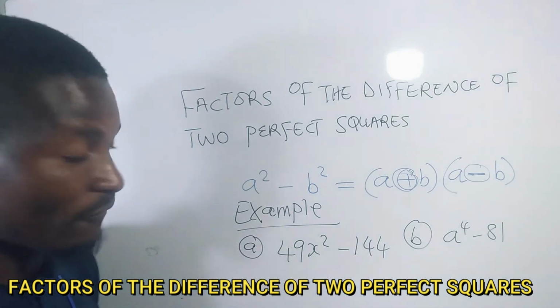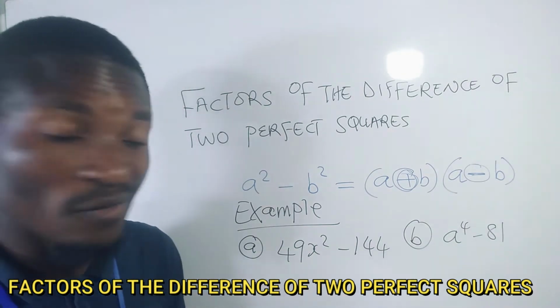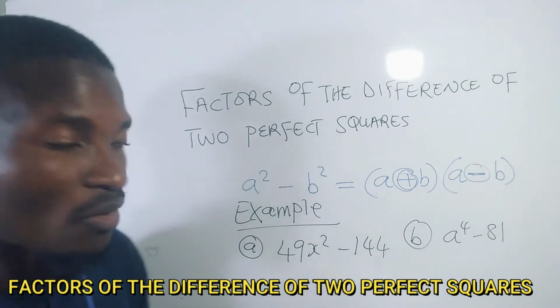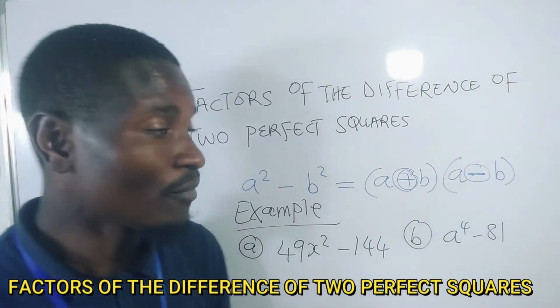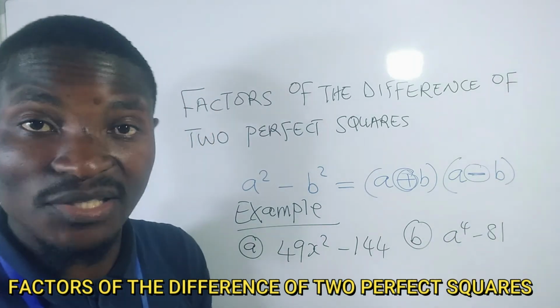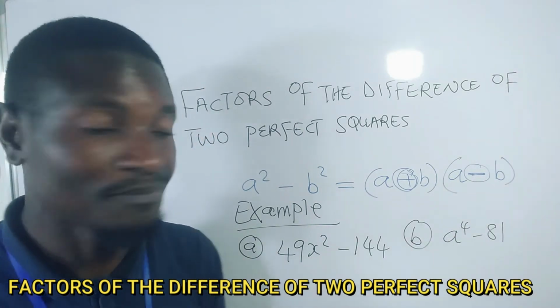Example a: 49x squared minus 144, and the b example is a to the power 4 minus 81.